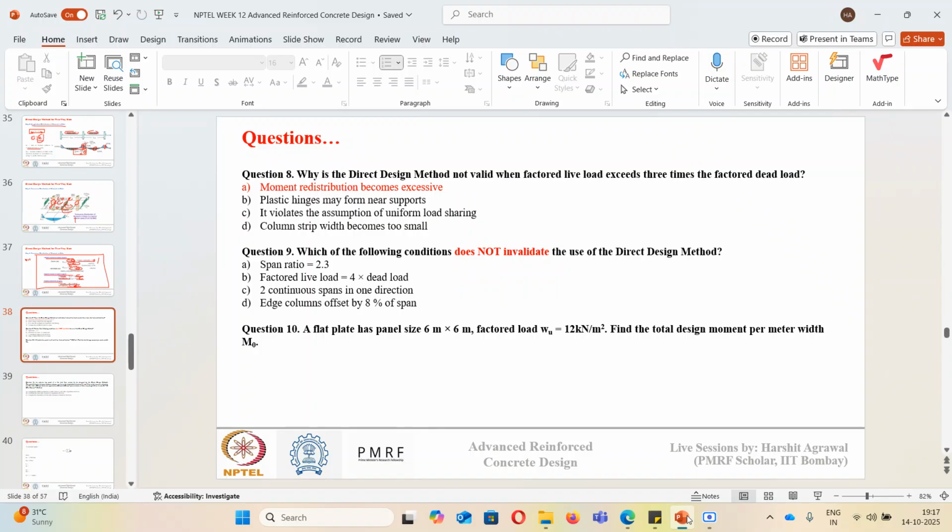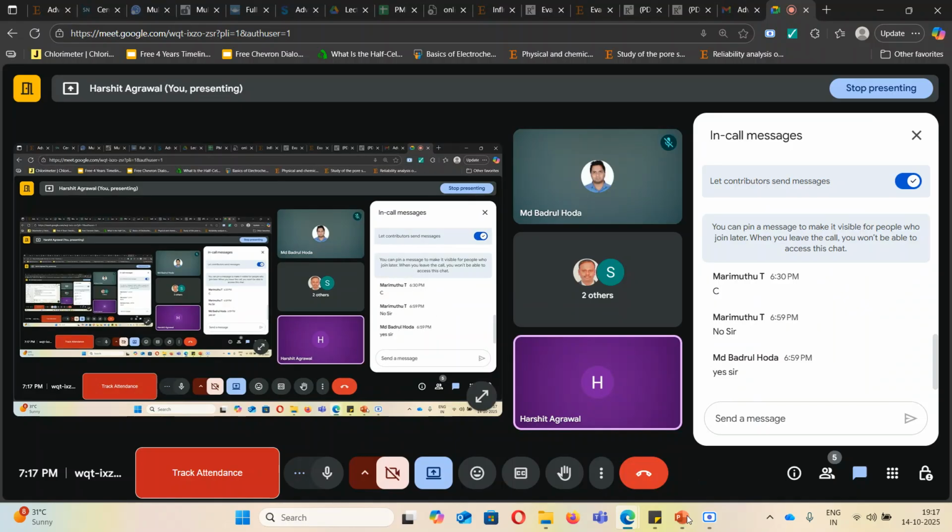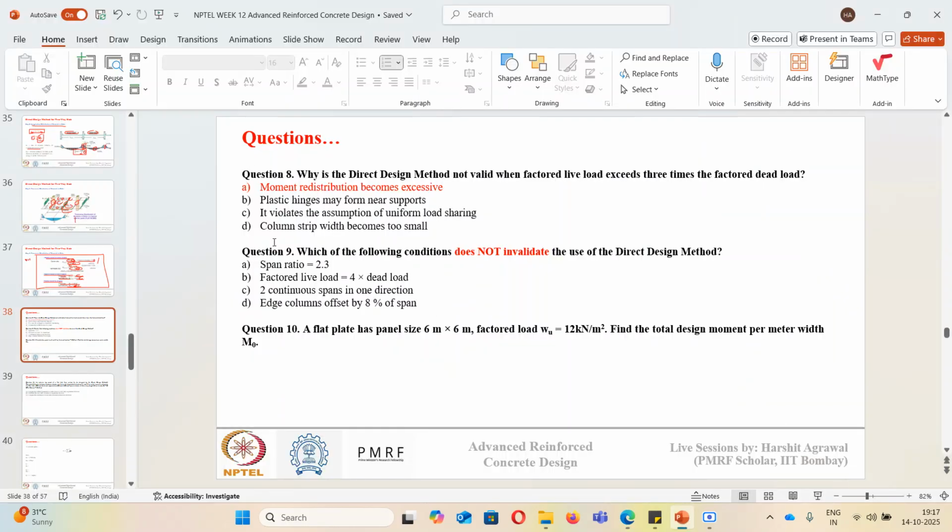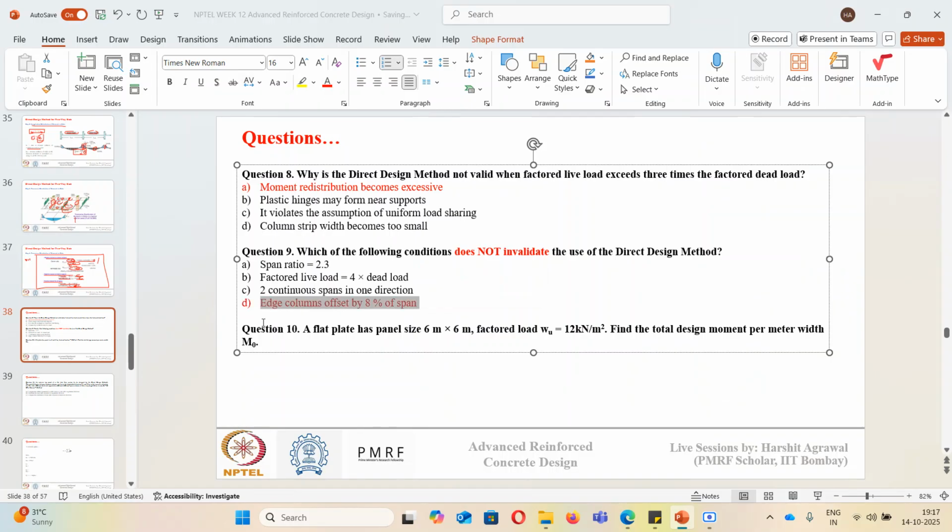I was not able to hear you. Can you speak again? The correct option will be D. Why? When the span ratio is 2.3, it is greater than 2, so the direct design method is not applicable.